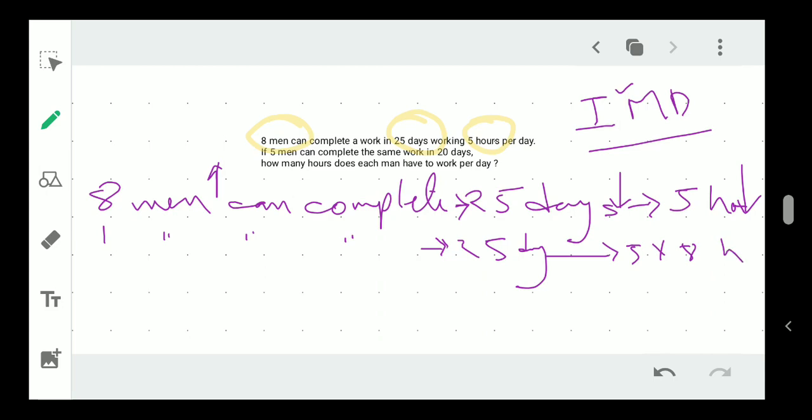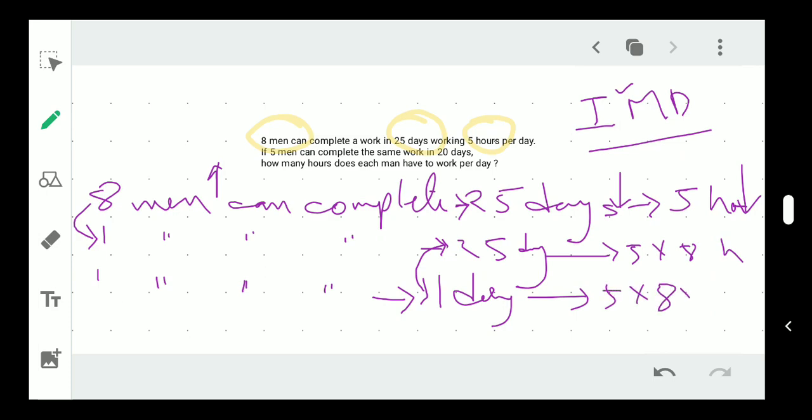Now in the next step, if one man is doing the whole work in one day, see, first I have come from 8 to 1 man, then I have come from 25 to 1 day, one by one. So again multiplication first, so this is 5 into 8 into 25.